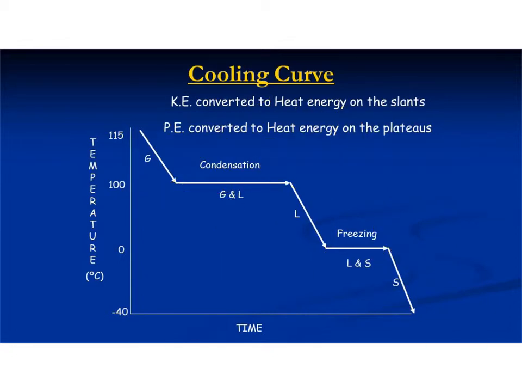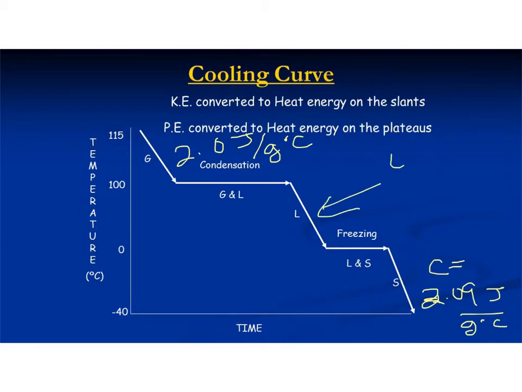The specific heat of the solid is around 2.09 joules per gram degree C. Let me write that a little better: 2.09 joules per gram degree C. And then the vapor one is also about 2.09 joules per gram degree C. Up here it's going to be 2.0 joules per gram degree C.